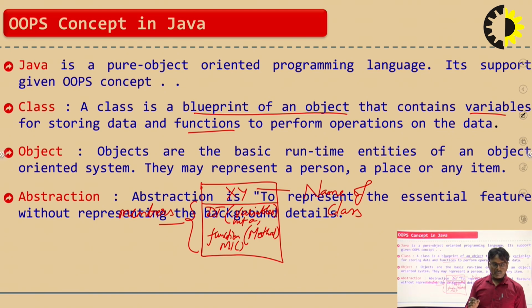So for the programmer, abstraction is a very important concept, used so that all the background details can remain hidden from the user. That's why abstraction comes into play.